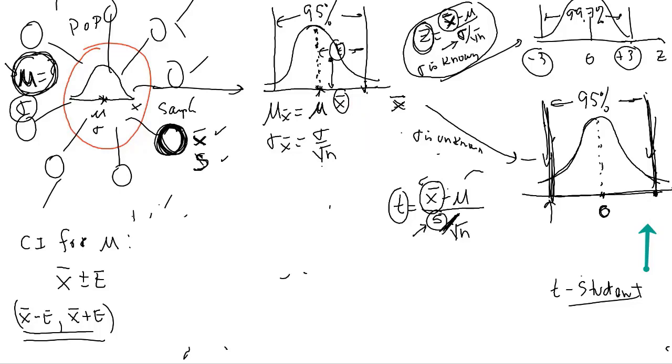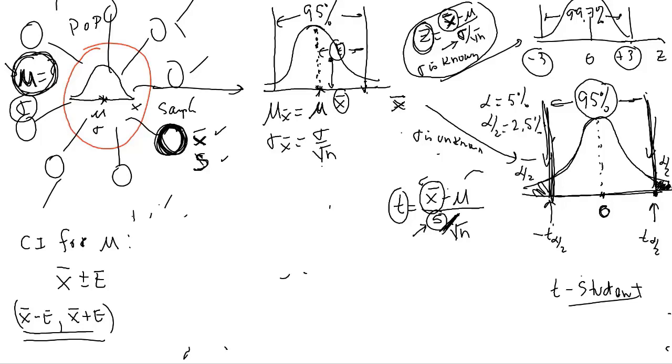Then this t-score actually is t alpha half, and this is negative t alpha half. Why? Because this area should be alpha half, and this other area should be alpha half. When my confidence level is 95, alpha should be equal to 5% and alpha half should be equal to 2.5%.